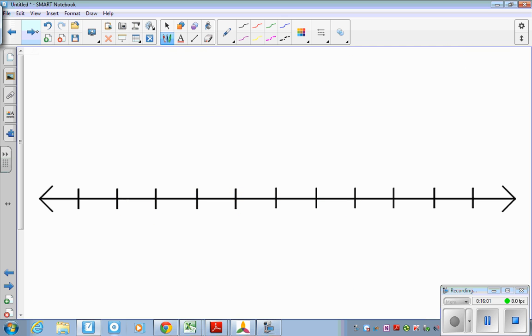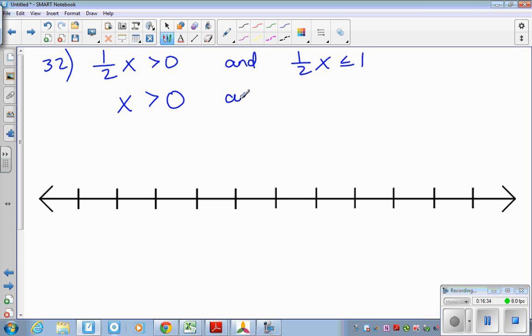Number 32, which is the last problem. So in this, solving for x, oh, sorry, I translated this first of all. Solving for x, multiply both sides by 2. Well, 0 times 2 is still 0. And here, multiply both sides by 2.